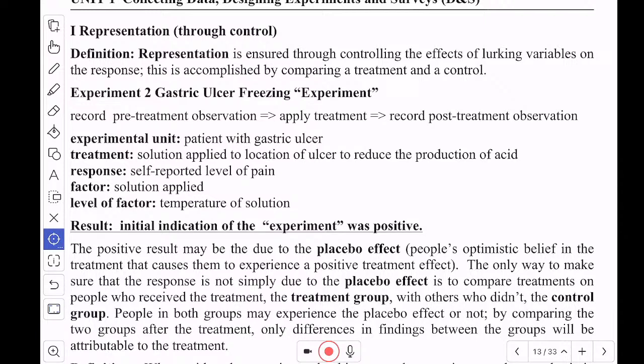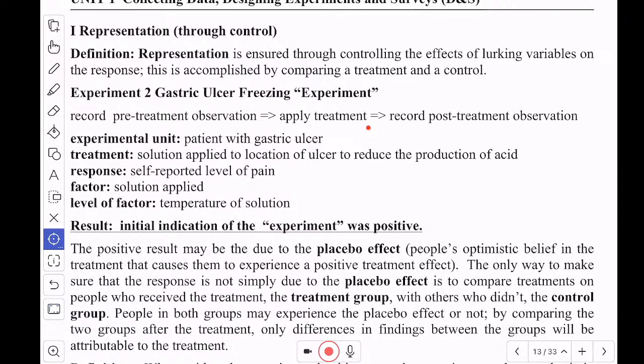The patient would open their mouth, they'd spray, and then some time would pass to make sure that the patient's throat was numb, and then a tube would be inserted down their throat, and using ultrasound, they'd locate the position of the ulcer, and then begin to release the treatment.